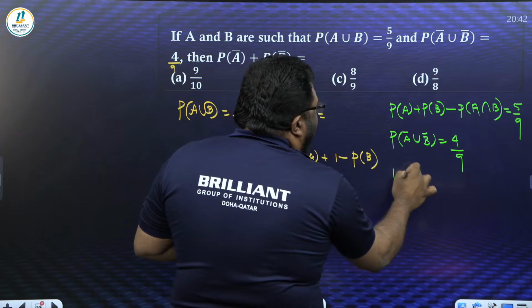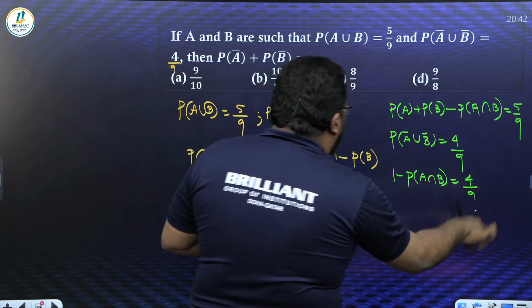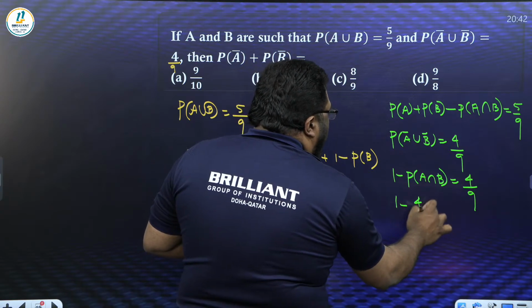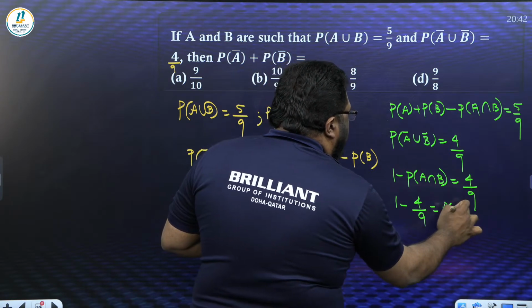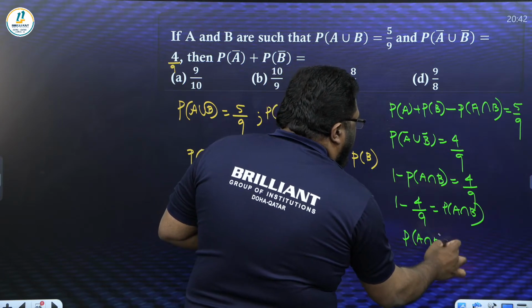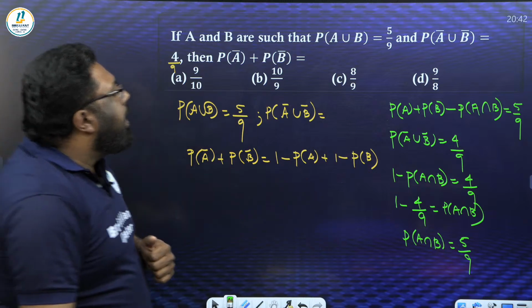What is that? 1 minus P of A intersection B, my dears, is equal to 4 by 9. That is 1 minus 4 by 9 is equal to P of A intersection B. That is P of A intersection B is 5 by 9.